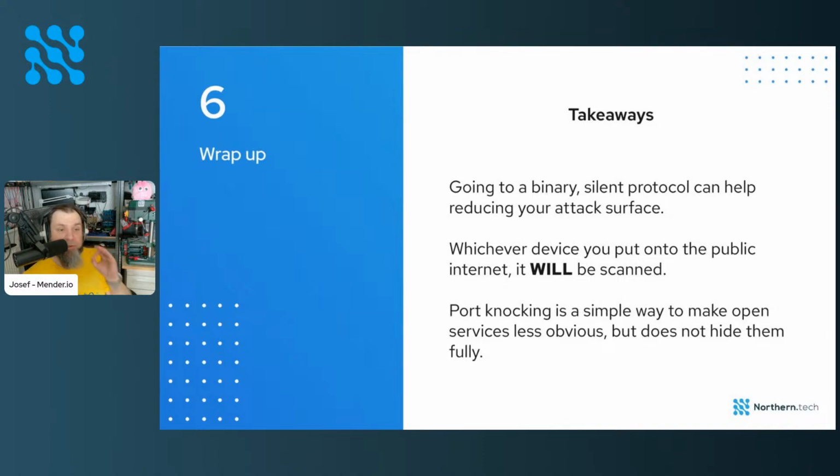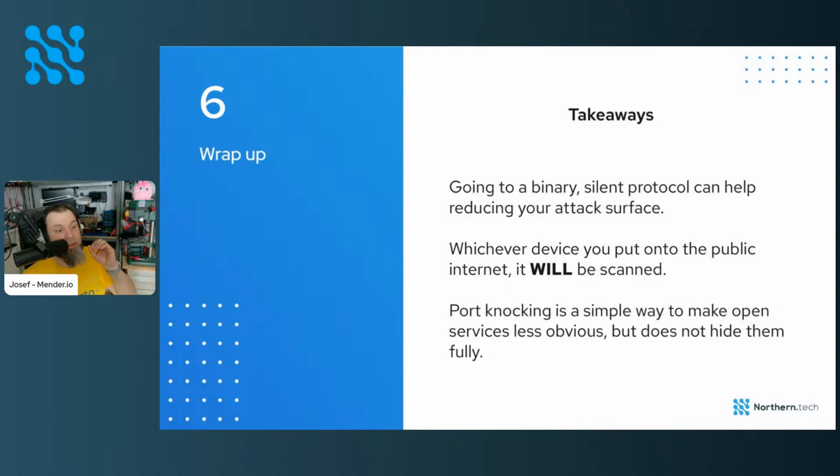It doesn't matter if it's one or if it is 1,000 devices, it will be scanned. So if you really need to put a custom communication channel on there, try to use a silent protocol, which does not yield a lot of information already if somebody just tries to connect to the port.